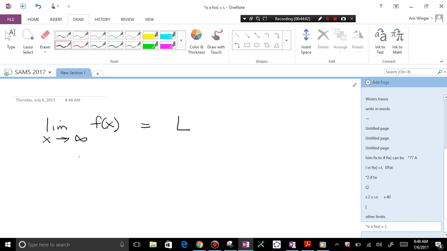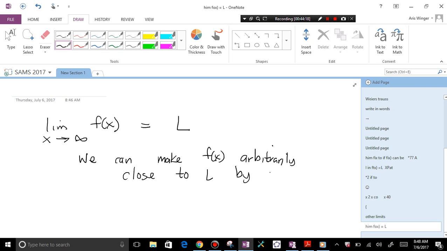So we can make f of x arbitrarily close to L by making x large enough.